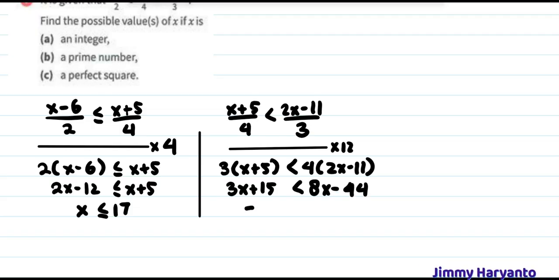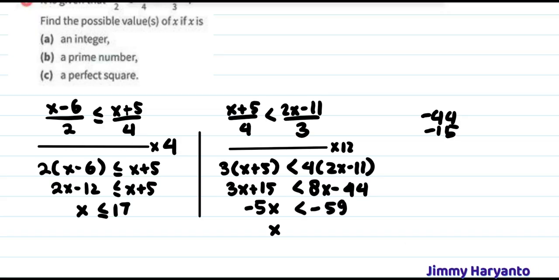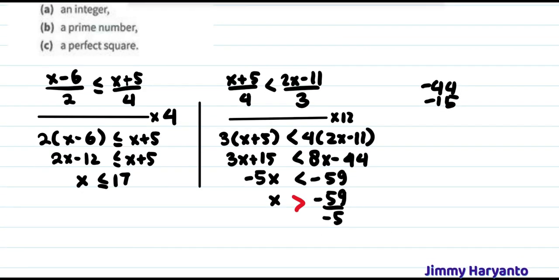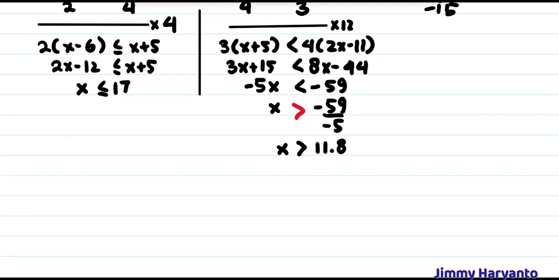Move the 8x to the left hand side, you'll have negative 5x less than negative 44 and negative 15. Negative 59, so x is negative 59 divided by negative 5. The sign has to be changed, and then x is greater than 11.8, yeah, 11.8.